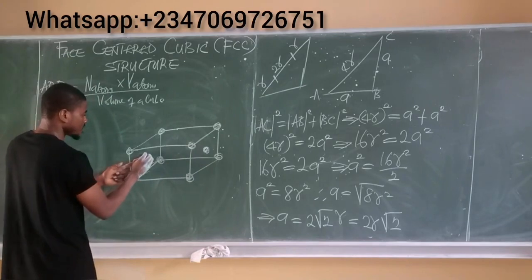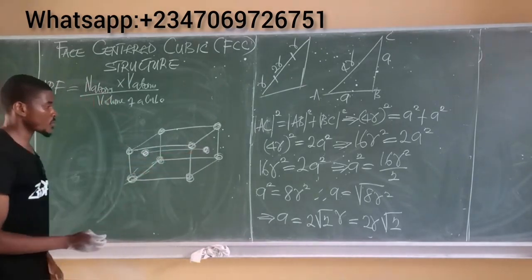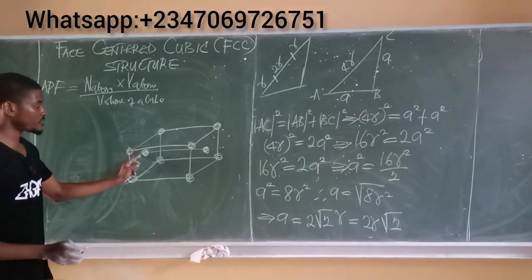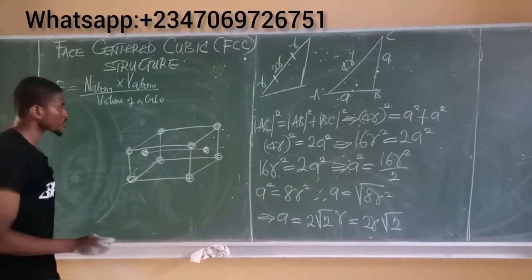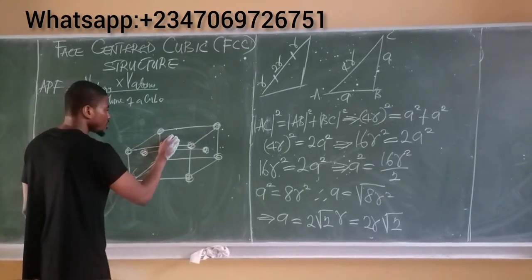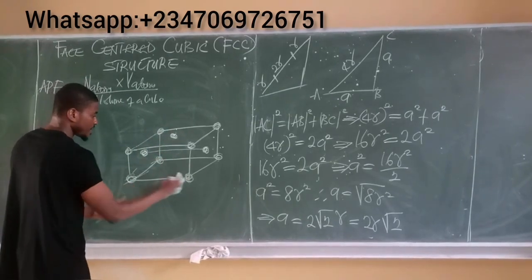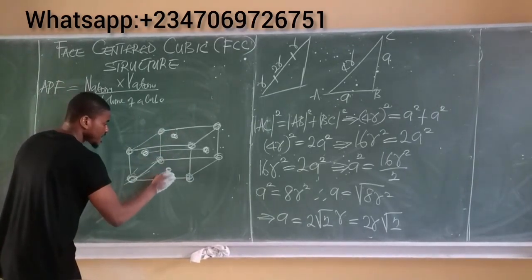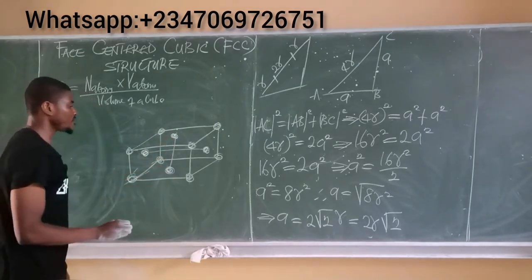and directly opposite the face, which is this, we also have another atom at the center, and these two atoms share to become completely one. This brings half of its volume, this brings half of its volume, both of them combine to become one. Also, on this face we have a central atom, and directly opposite the face, which is behind there, we also have a central atom, and both of them also share to give a complete volume.